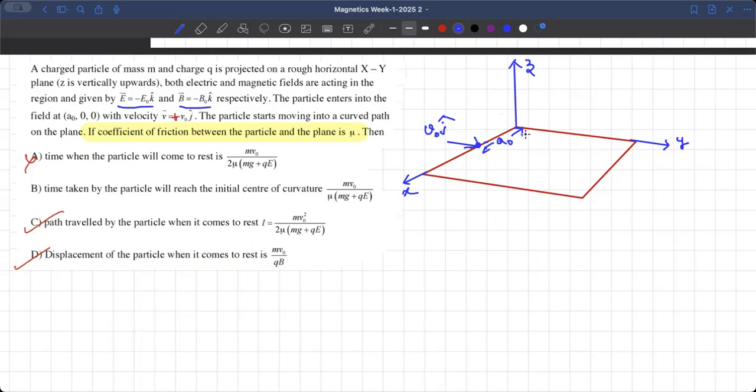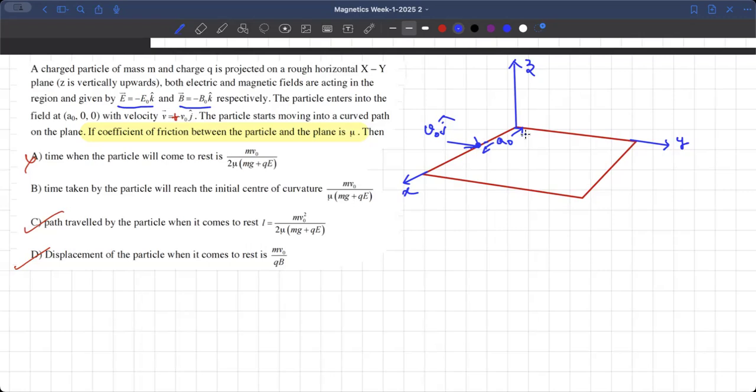The particle starts moving into a curved path on the plane. Remember, curved path. Why so? Suppose there is no magnetic field, what would have happened? In the case of no magnetic field, there is only the electric field.